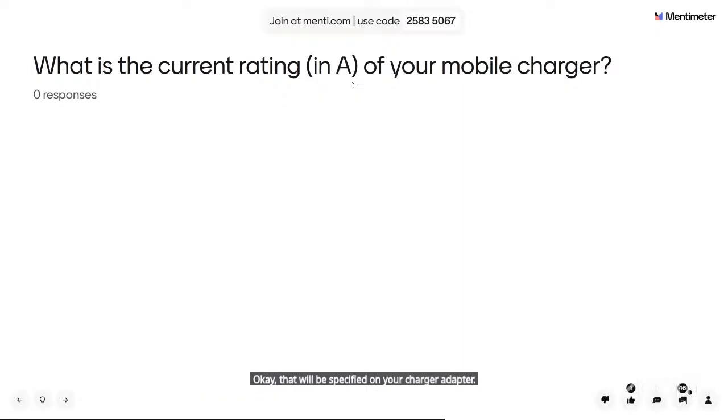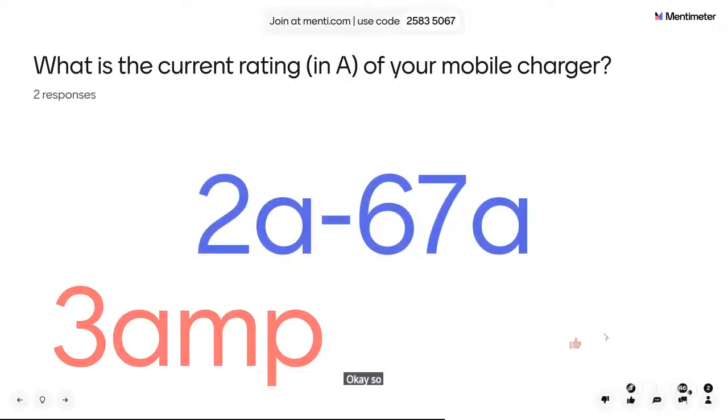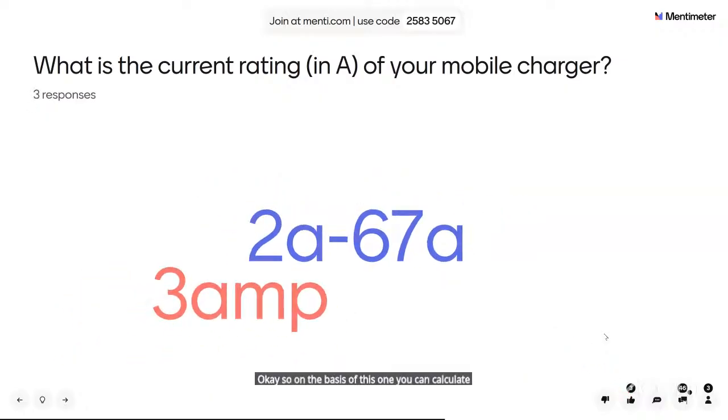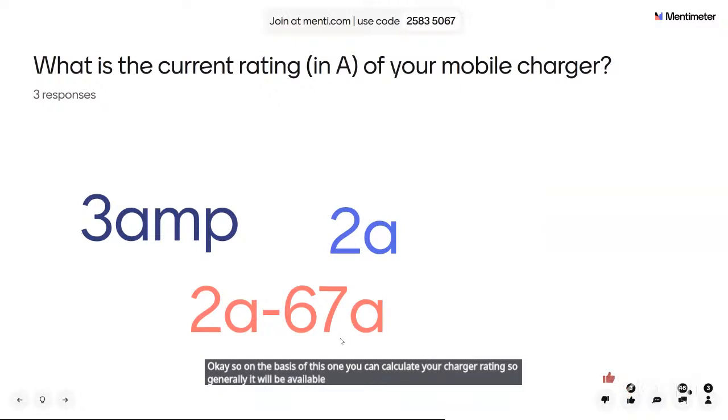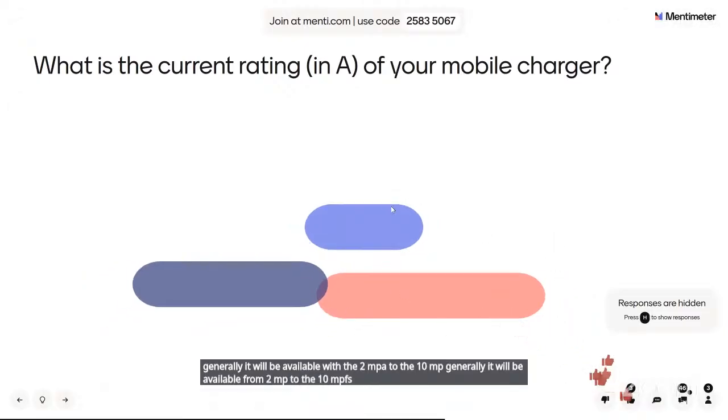If you look at your charger adapter, it will say that it is a 20-watt charger with 5 volt, or 6 volt, or 8 volt, 10 volt. So that is the voltage. On the basis of this, you can calculate your charger rating. Generally, it will be available from 2 ampere to 10 ampere current rating.